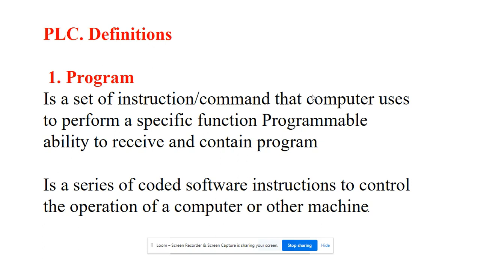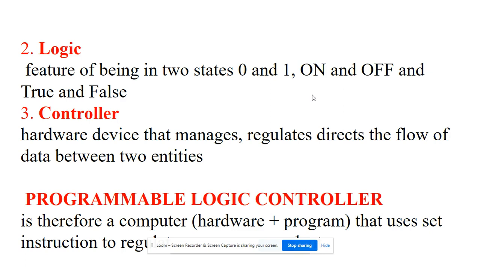A program is a set of instructions or commands that a computer uses to perform a specific function. Therefore, the word programmable is the ability to receive and contain a program. A program can also be defined as a series of coded software instructions to control the operation of a computer or other machines.